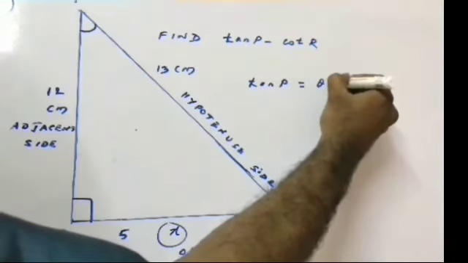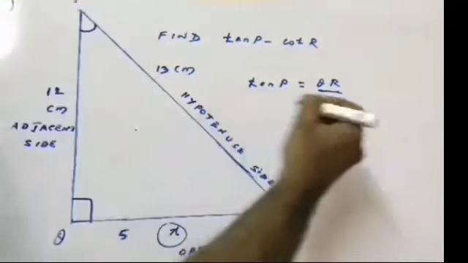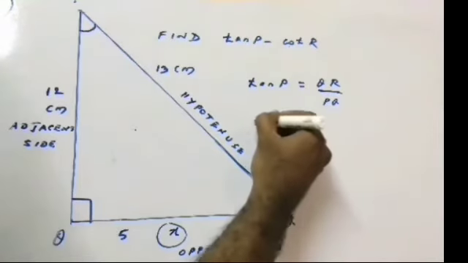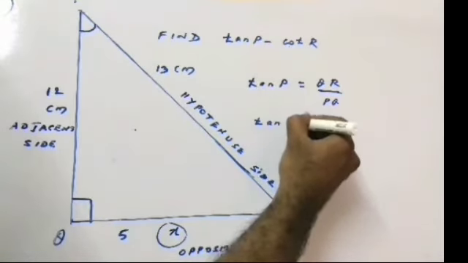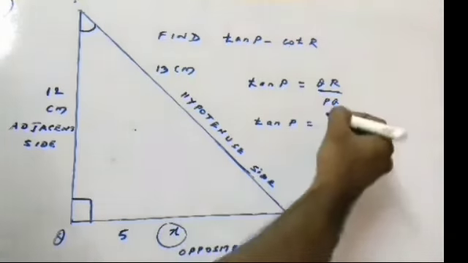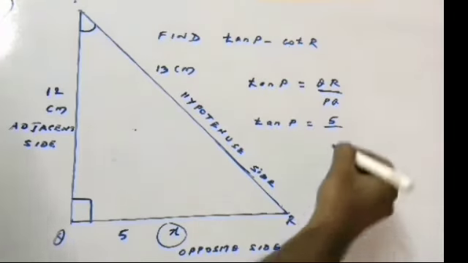So you put QR by adjacent side, that is PQ. So tan P equal to, for QR, put the value 5 and PQ put the value 12.